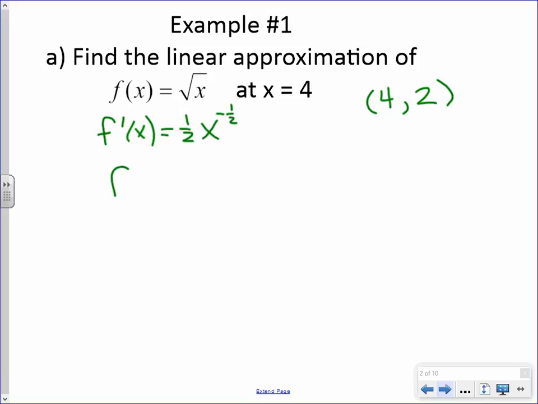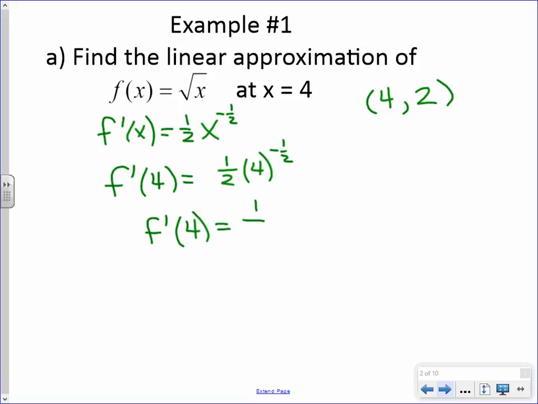Okay. So our slope at 4, when we plug in 4 to our derivative, what is our slope? What was that, Cole? 1/4. Okay.